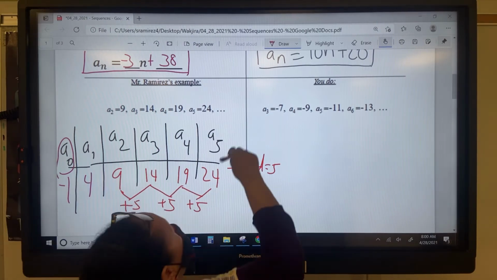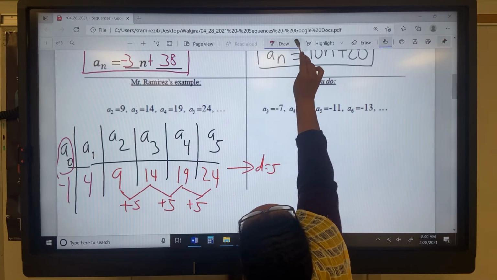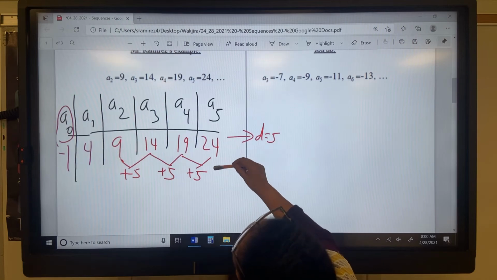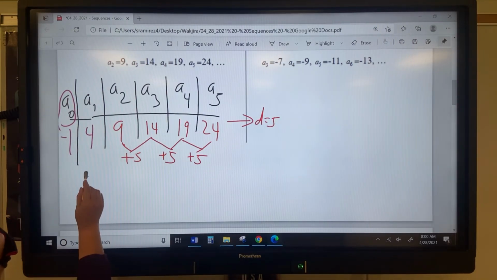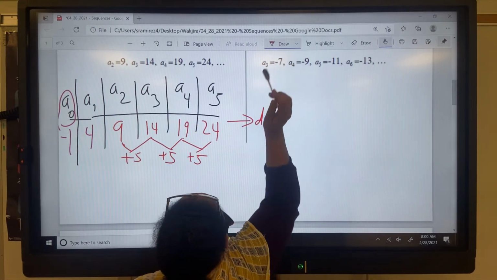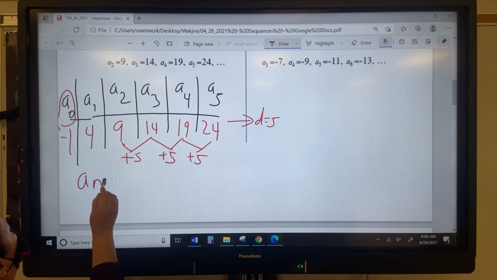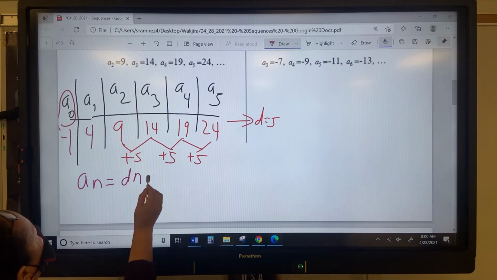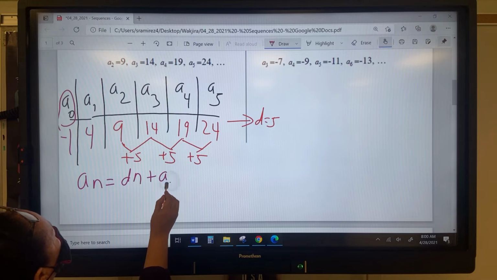So since we have that, we can write the formula. The formula is A sub n equals Dn plus a sub 0.